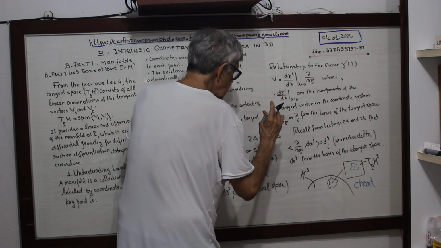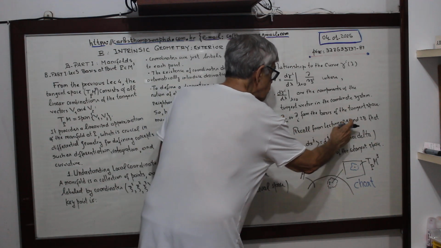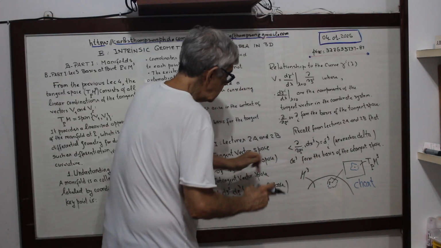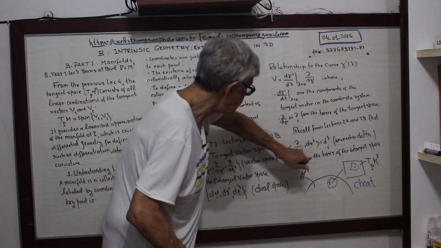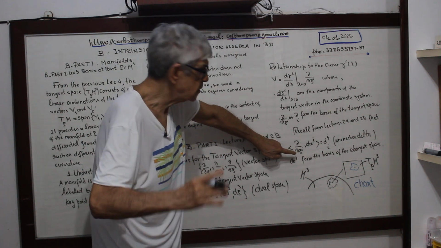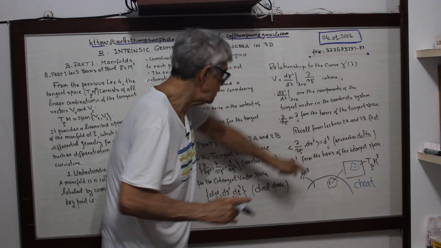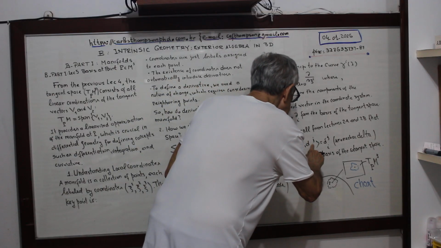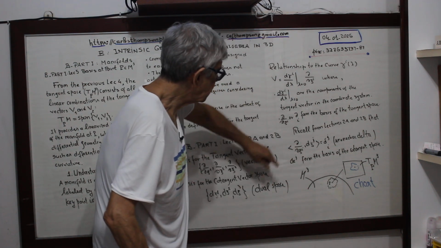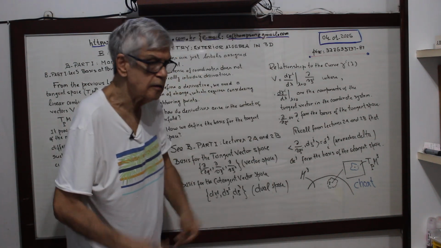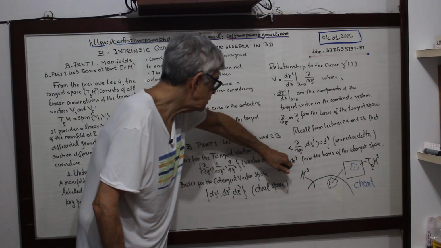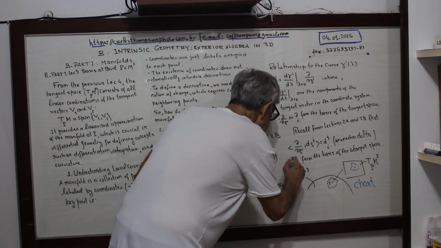Also recall from lecture 2A and 2B that this inner product is delta ij. You see, the index i here is covariant, and dxj is the contravariant basis. Again, this is C.